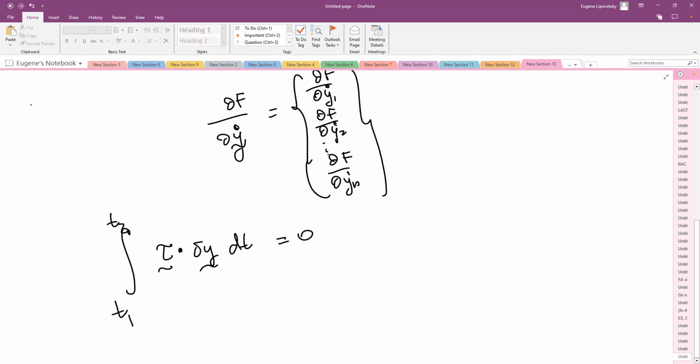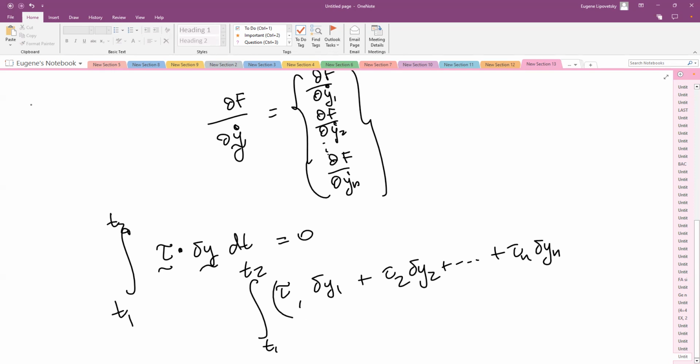It means that the following from t1 to t2 is tau 1 times delta y1 plus tau 2 times delta y2 plus etc. plus tau n delta yn, dt equals 0.